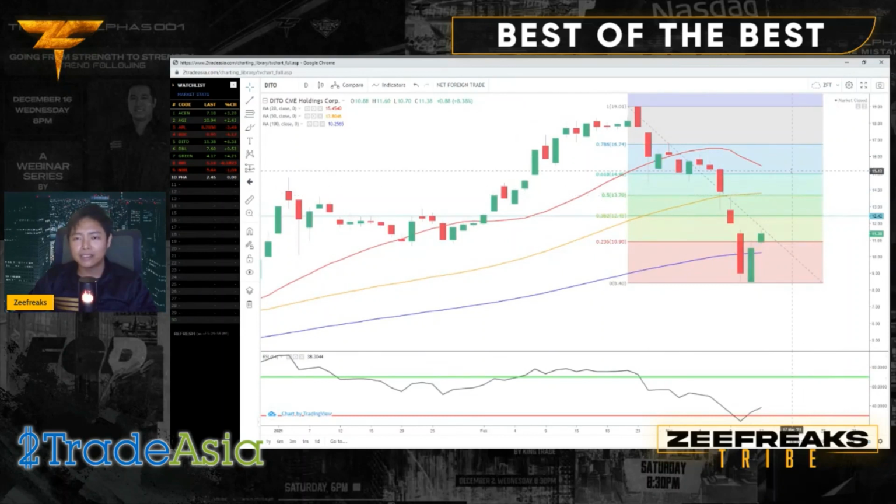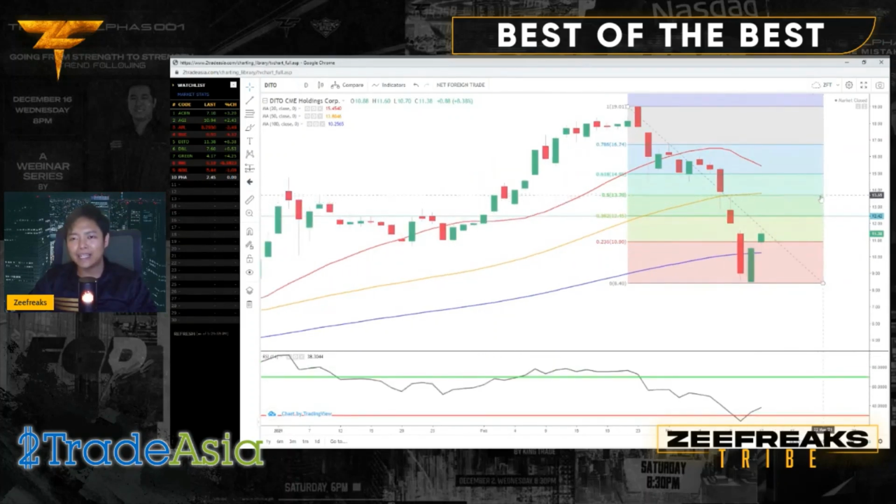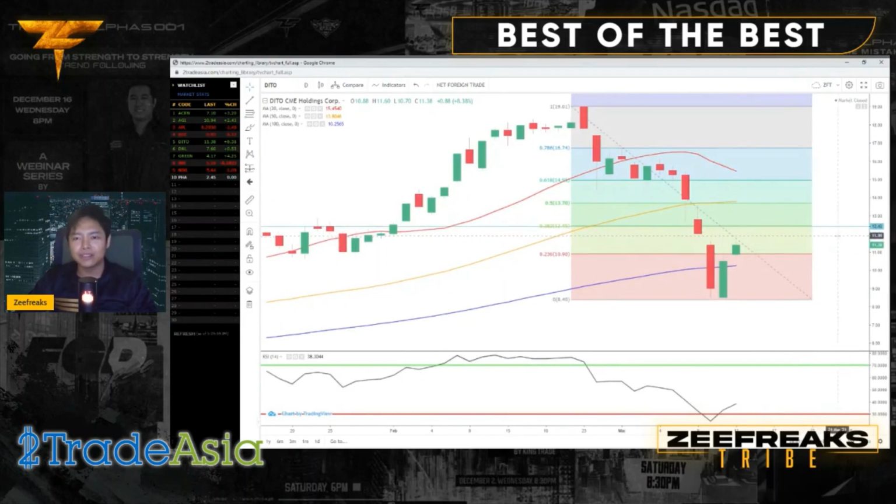Sobrang lakas na ng resistance dyan, as indicated by our moving averages, and even sa Fibonacci. That's one thing that you have to understand. Meron na siyang confluence of resistances over here. So most likely baka hindi na talaga to aabutin. But sige, I mean, the market can do whatever it wants. Highly likely lang talaga na hindi siya mangyayari.